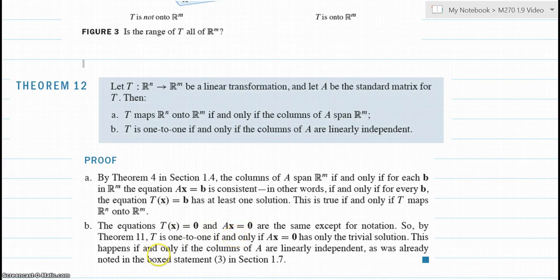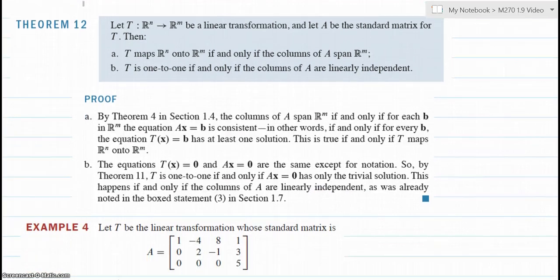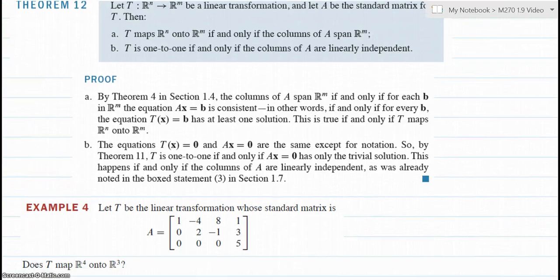So by Theorem 11, the one before, we just saw T is 1-to-1 if and only if Ax equals 0 only has a trivial solution. But from 1.7, we know that this happens if and only if the columns of A are linearly independent. So it's all connected.